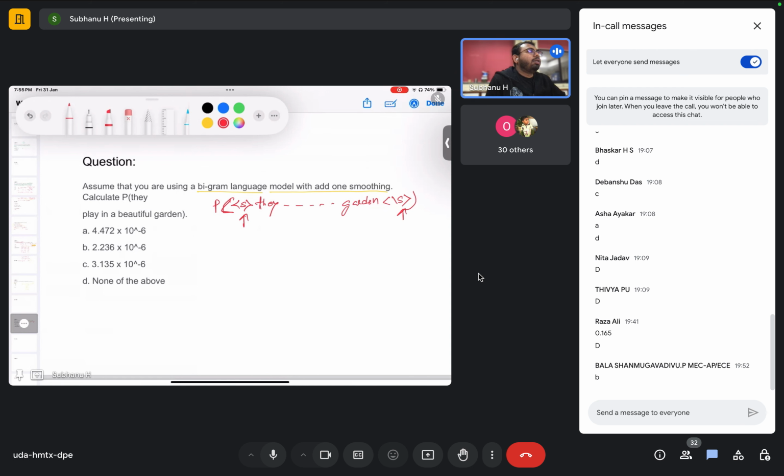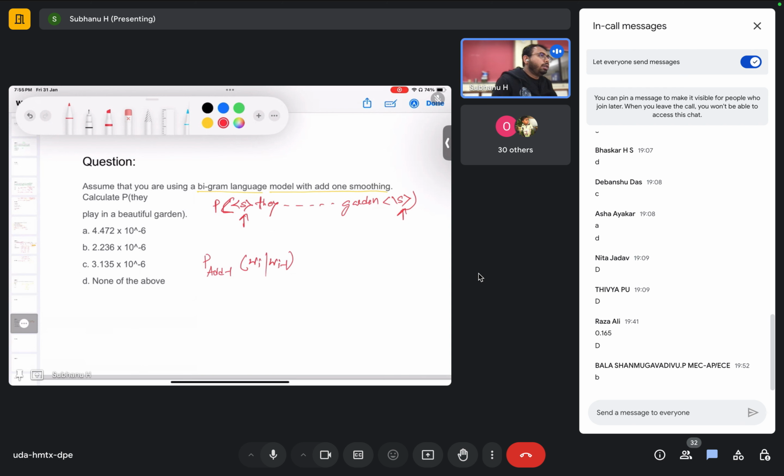We have seen the formula for add one smoothing. What was the formula? The formula was the probability of add one, of wi given wi minus one.